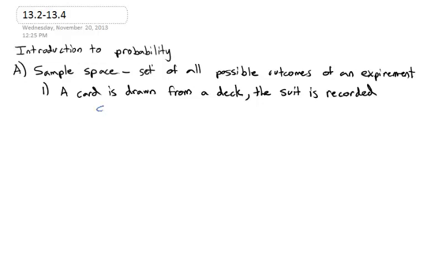The sample space of this is we could get a heart, we could get a diamond, we could get a club, or we could get a spade. This is the sample space, the set of all possible outcomes when I draw a card from a standard 52 card deck and record the suit.